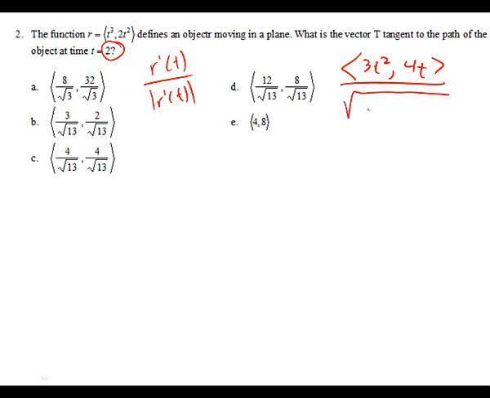All right, so when I plug in, I need the derivative squared plus the derivative squared, right? So when I plug a 2 into this, what do we get? 12. Okay, and when I plug a 2 into this, what do we get? 8. Okay, so what is my denominator actually become? Square root of 208? Is that right?